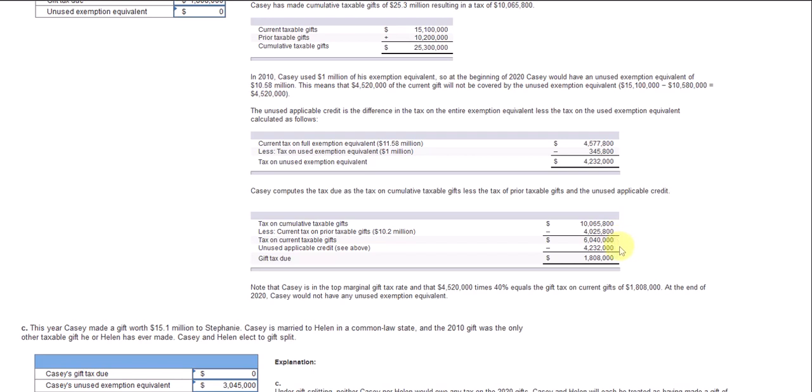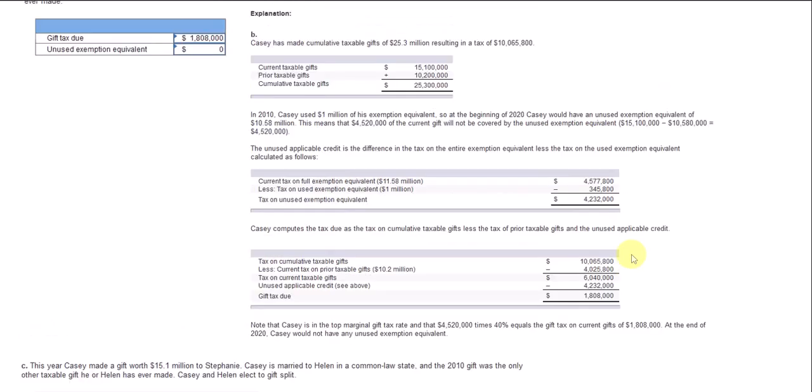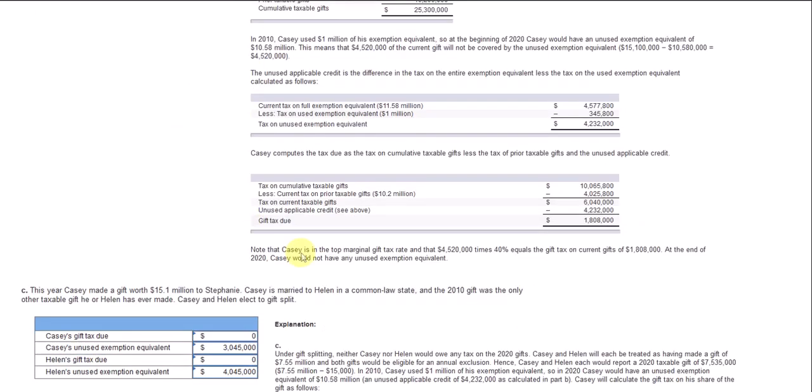Then we subtract out the unused applicable credit that we calculated right here, and we come up with the gift tax of $1,808,000, and that's what they were looking for. Now note that Casey's in the top marginal gift tax rate, and $4,520,000 times 40% equals the gift tax on the current gifts of $1,808,000. So at the end of 2020, Casey would not have any unused exemption equivalent.